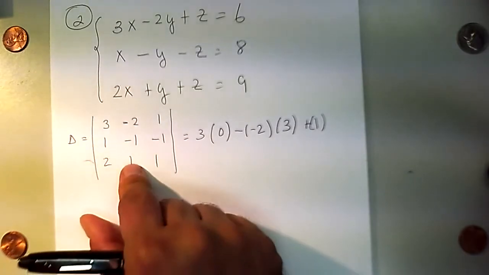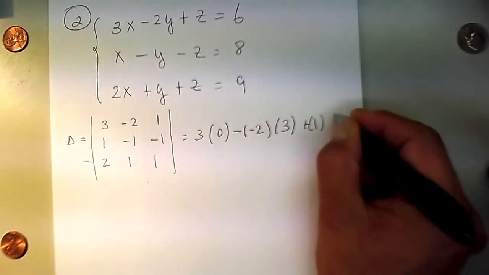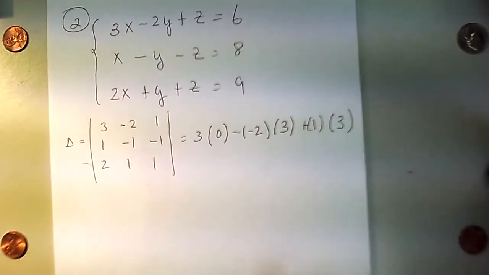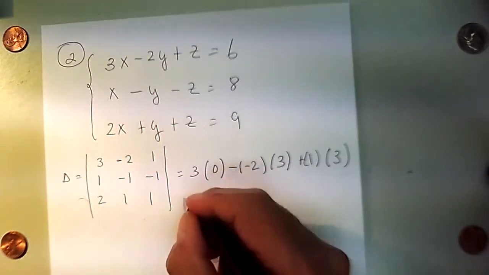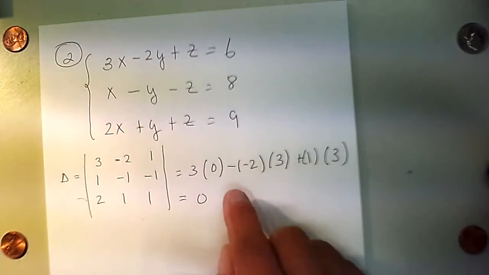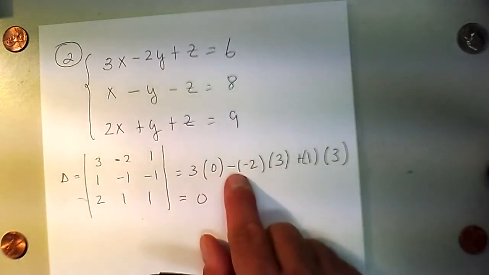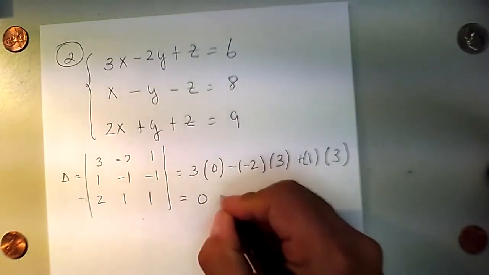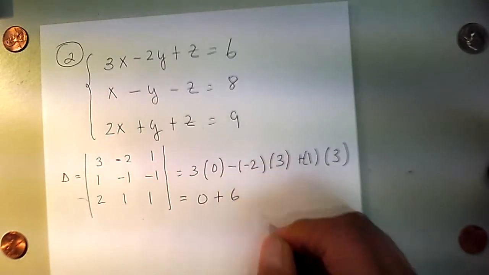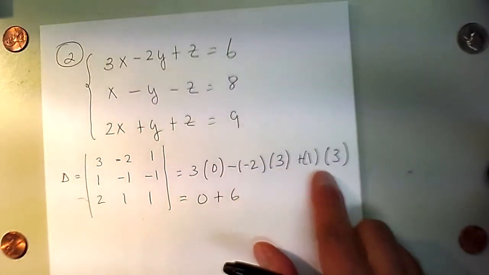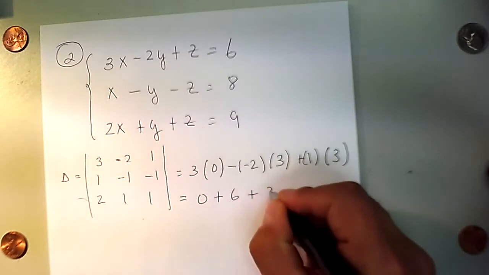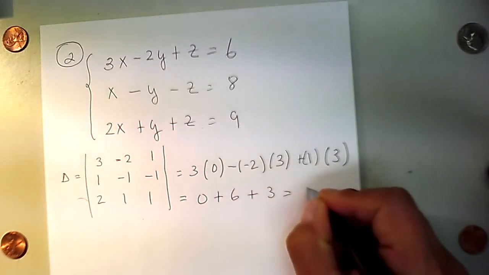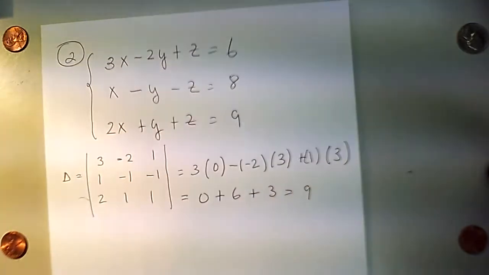Oh, 1 plus 2 again, 3. Okay, so that turns out to be 0 plus 6, and then plus 3, equals 9. Okay.